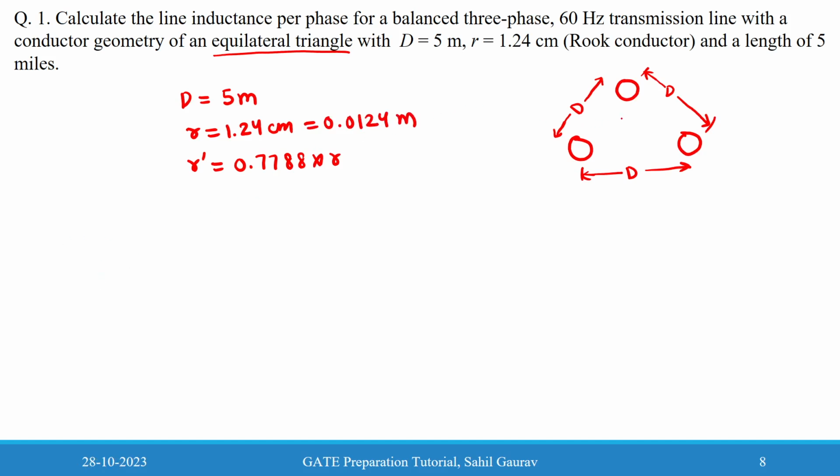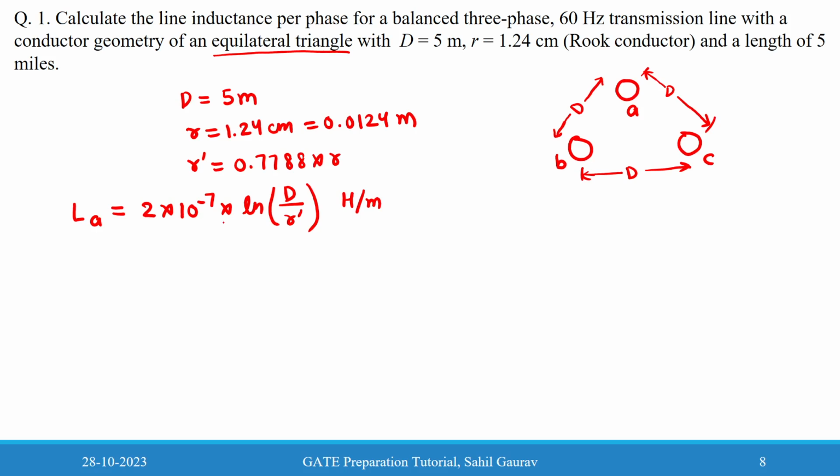Suppose this is the conductor for A phase, B phase, C phase, and the inductance for each phase will be equal to each other. So we will find the inductance for phase A. We will use this expression: 2 into 10 to the power minus 7 ln d divided by r dash Henry per meter.